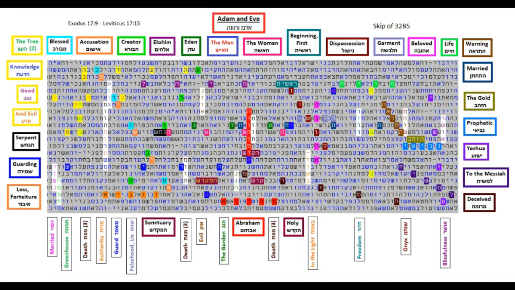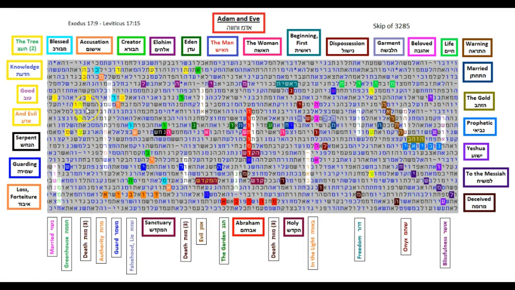Shoham. Yahuwah had given Adam and Eve one restriction, one warning. And warning is in this brown, going up diagonal. And the warning was that they were not to eat from the tree of the knowledge of good and evil.